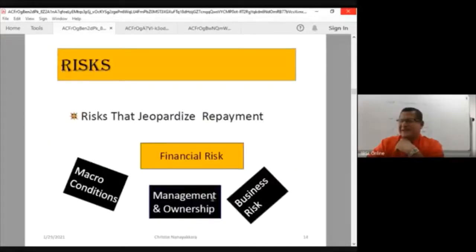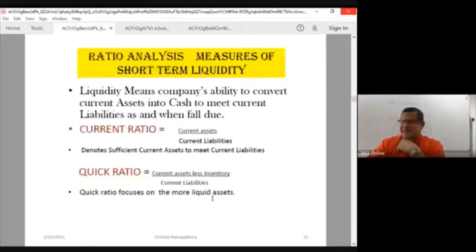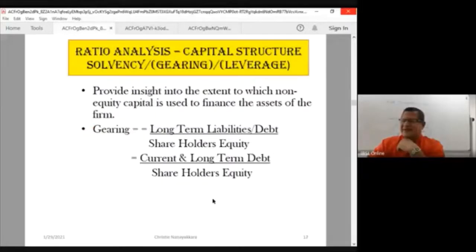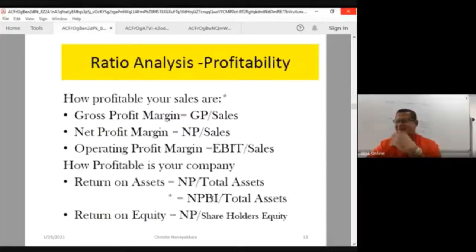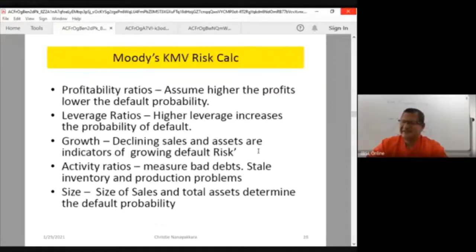Then in this, we looked at 3 ratios of profitability. All depends on the business models of those customers in the corporate analysis.